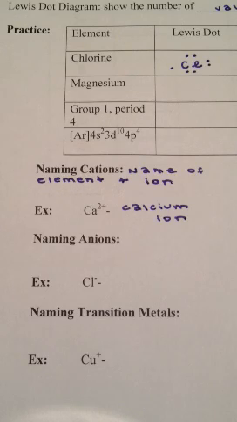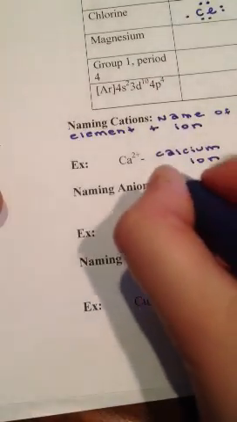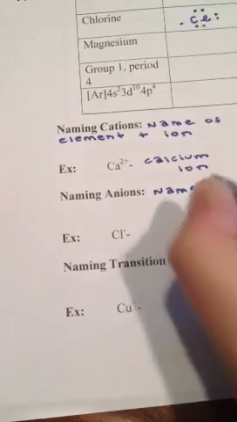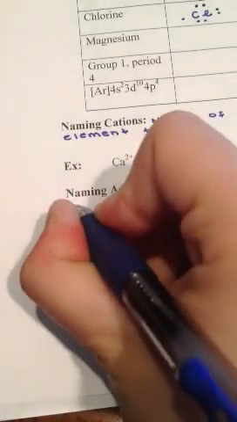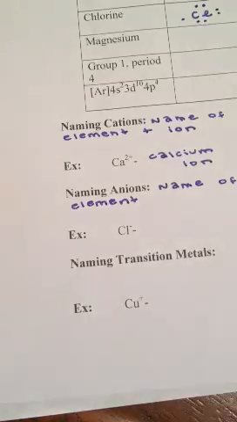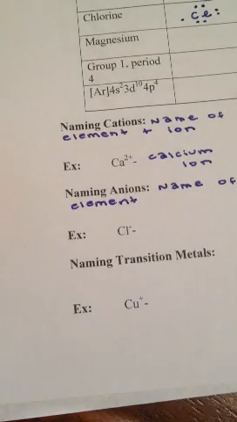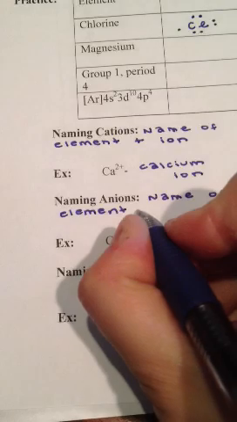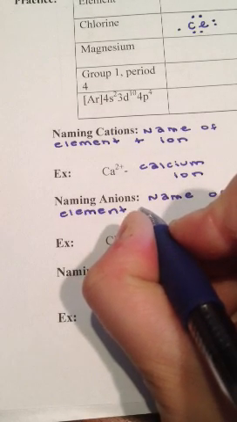Anions are a tiny bit more tricky, but in no way hard. What you do is you write the name of the element, but for the ending, you get rid of the INE at the end, and you instead write IDE.